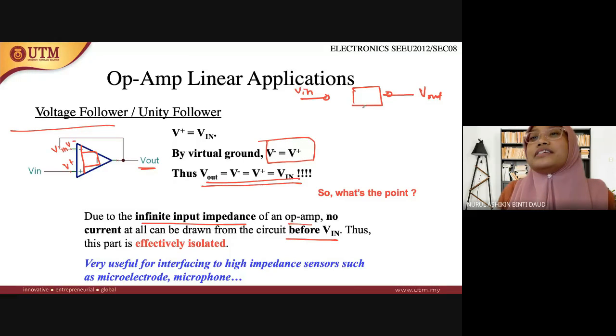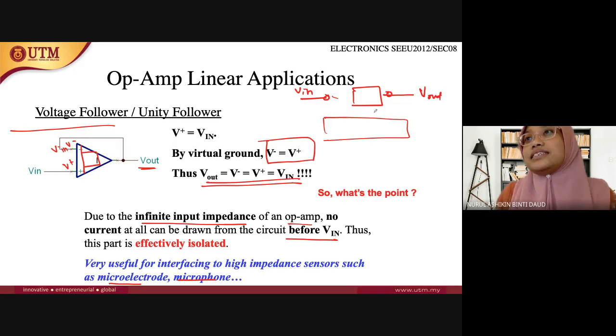This isolated part is very essential. It's very important for microphones, microelectrodes, some devices which are usually sensors using very high impedance. It's very useful to use this kind of configuration because they need to make two things separated but in one device.